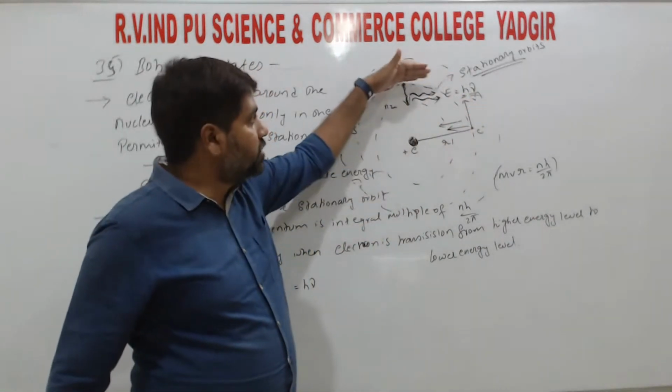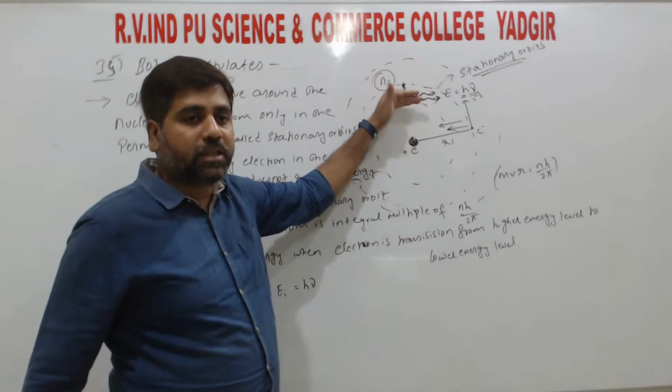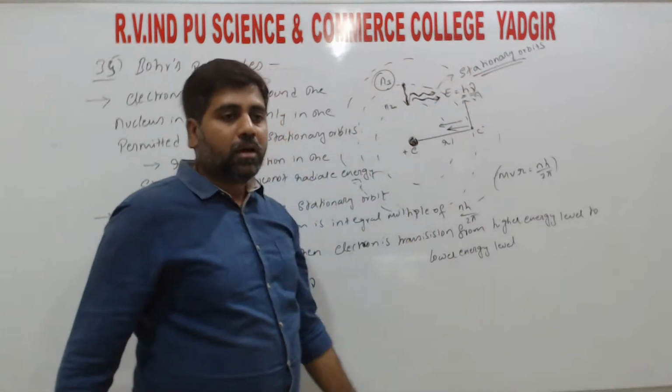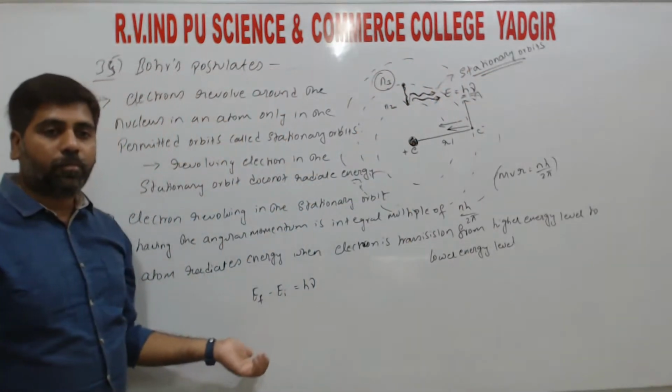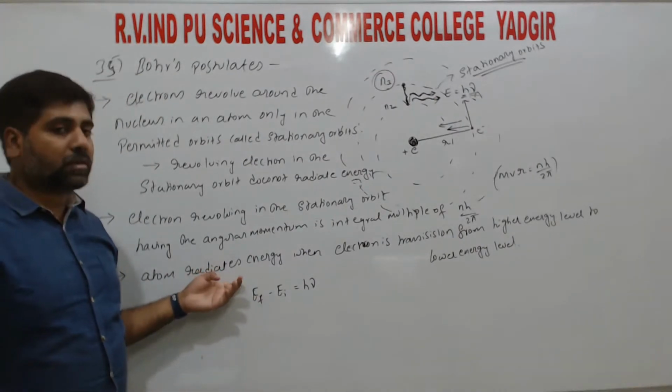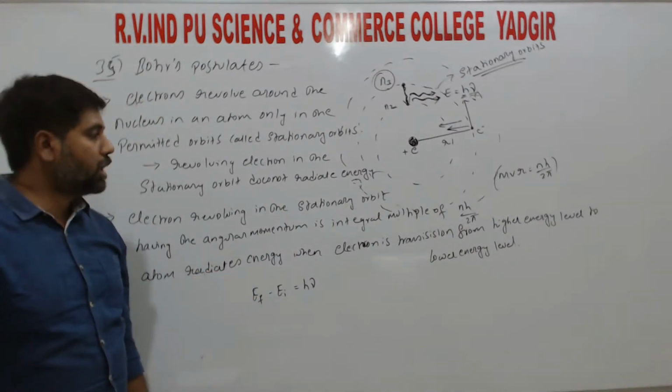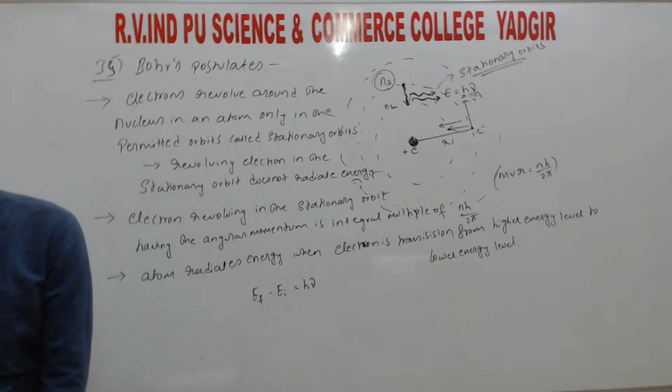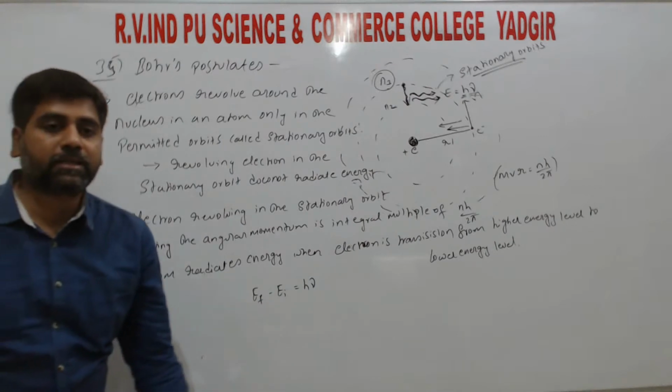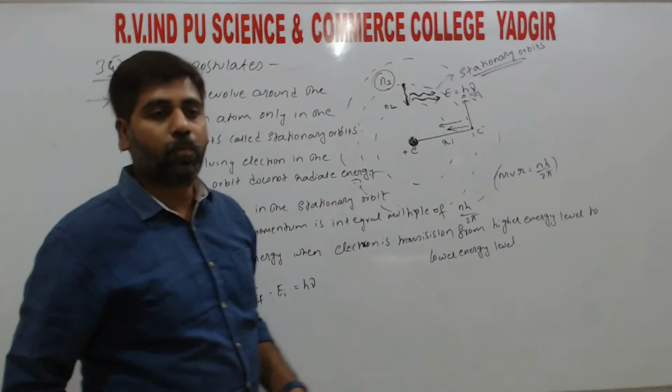So when it transitions from higher energy to lower energy, only then is energy liberated or produced. That is the third Bohr's postulate. The remaining we will continue in our next class. Thank you.